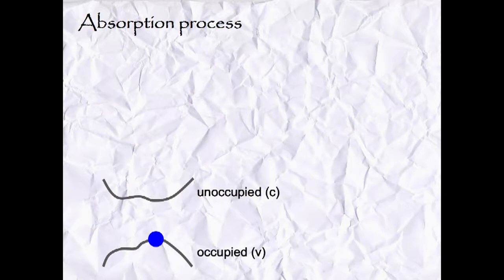So, I'm mainly going to talk about absorption experiments. Let's have a look at how a theorist considers what happens in an experiment. You have a material, you have your occupied bands. As said, it doesn't matter whether these are valence states or core states. You have your unoccupied bands here.